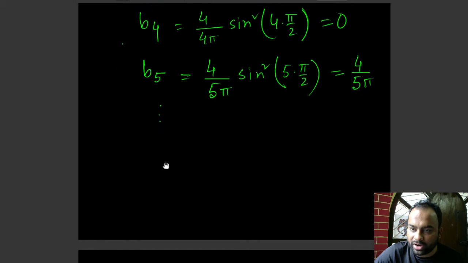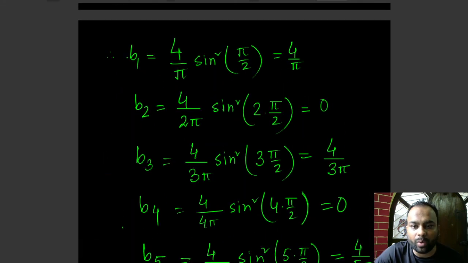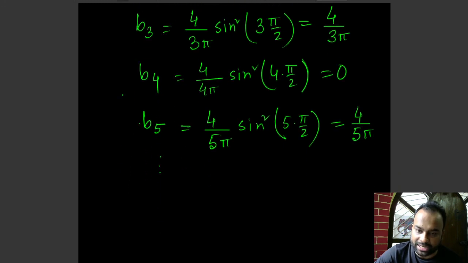So what is B1 again? It's the coefficient of the 1 radian per second sinusoid. B2, coefficient of the 2 radian per second sinusoid. B3, coefficient of the 3 radian per second sinusoid. B4, the 4 radian per second sinusoid. B5, the 5 radian per second sinusoid.